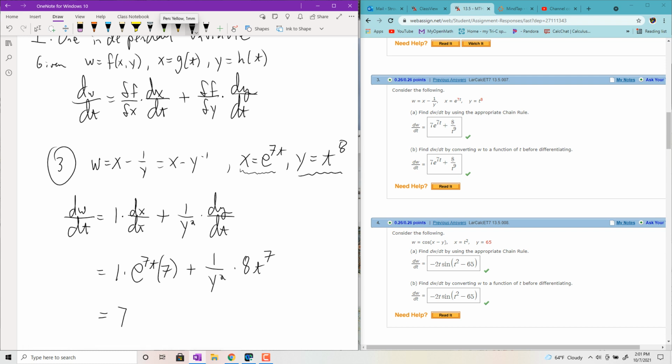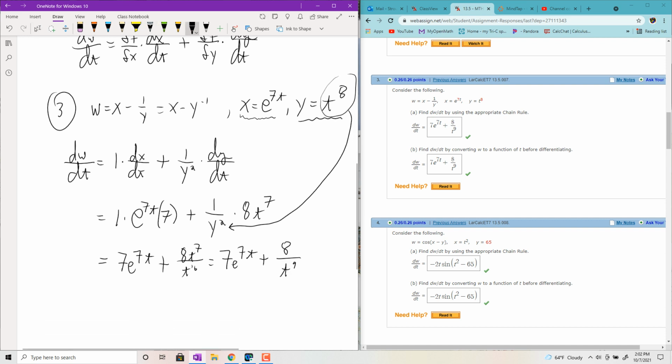There is no x, so you just have 7e to the 7t plus, plugging in t to the 8th for y, you get t to the 16th. Then you have 8t to the 7 over t to the 16th. That's 7e to the 7t plus 8 over t to the 9th. Okay, so that's part A.